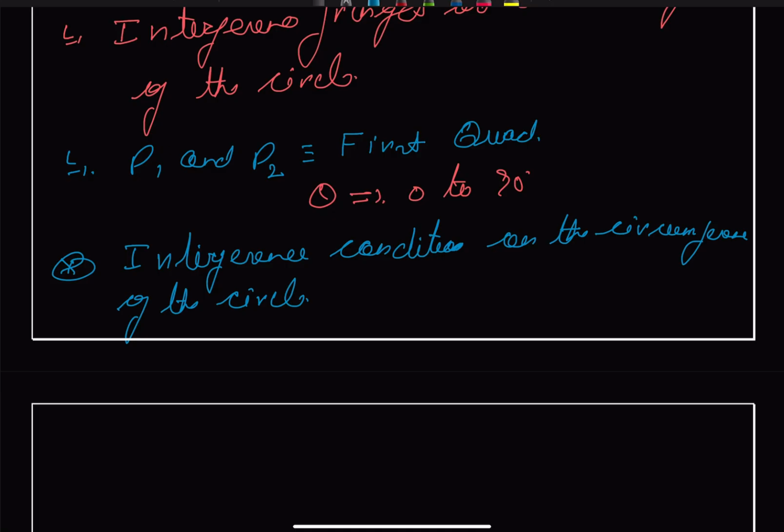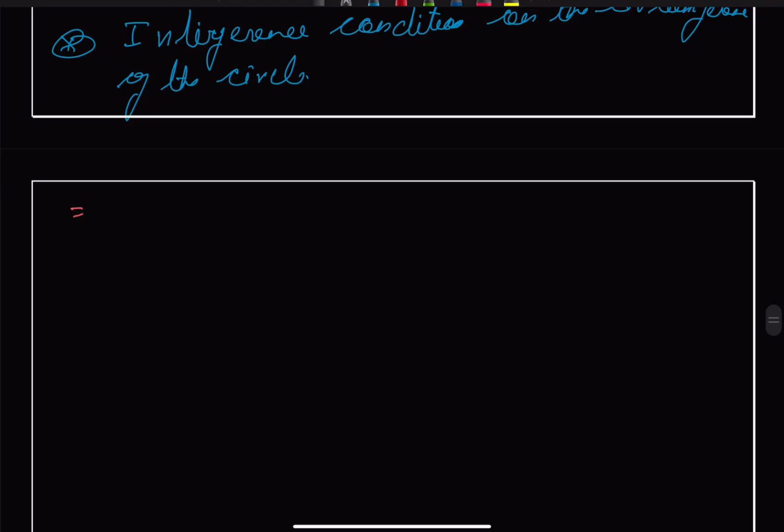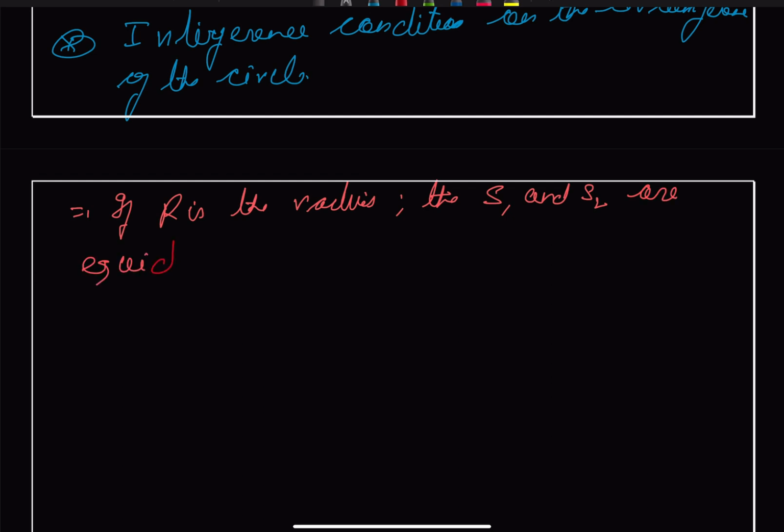If r is the radius of the circle, then both sources S1 and S2 are equidistant from the center.